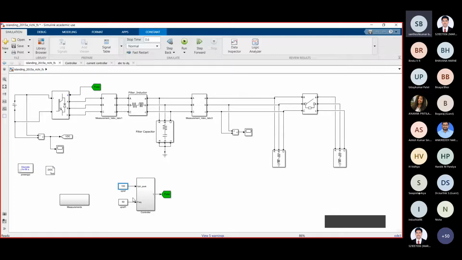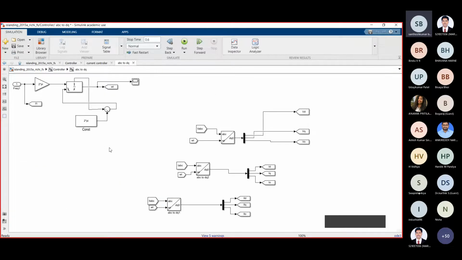Now I will explain the frequency part also. Here I am applying the frequency, then 2 pi gives omega. From the references, I can consider this type of block. Normally you can use a simple integrator, but from a transactions paper I have considered this type of frequency control.